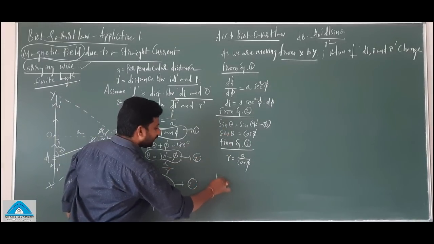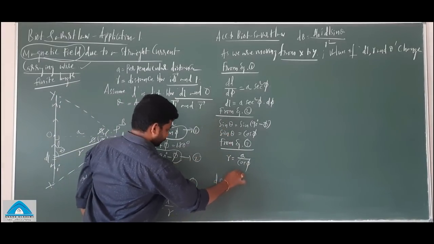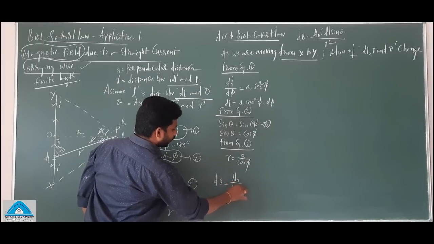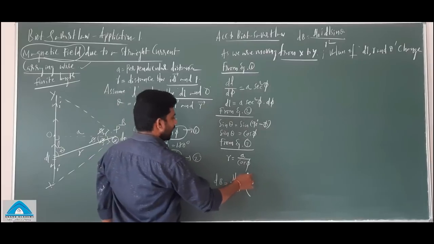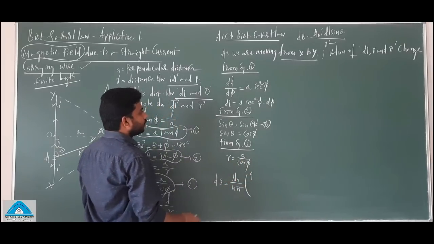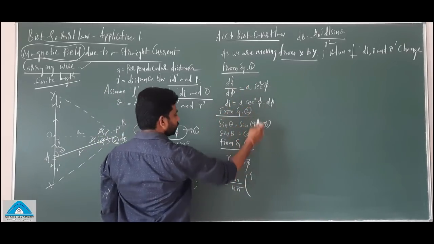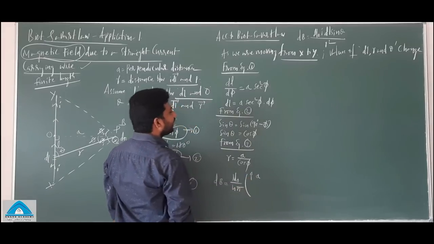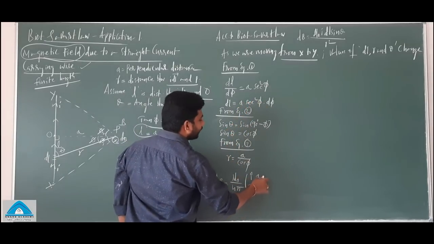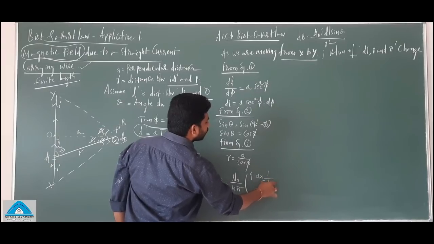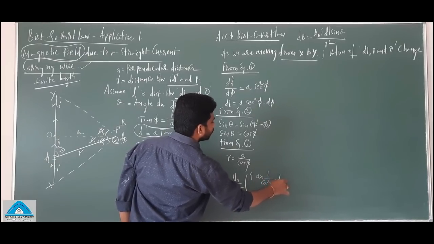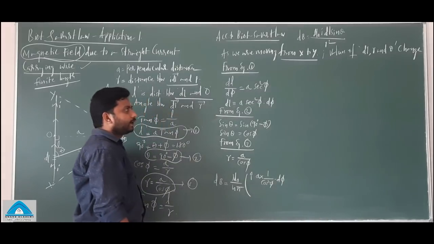So dB is equal to mu naught by 4 pi into I dl. What is dl? Look at here, dl. I am writing it as a into secant square phi, which is 1 by cos square phi, into d phi.